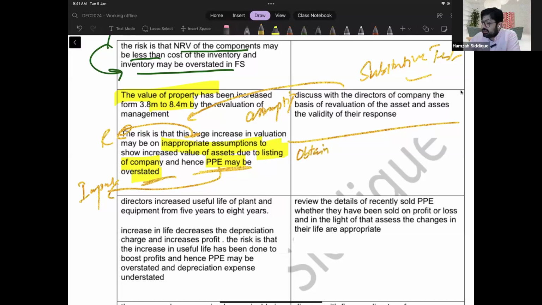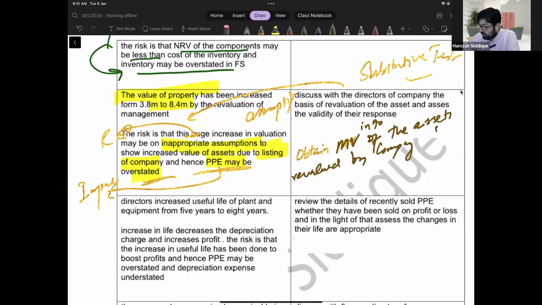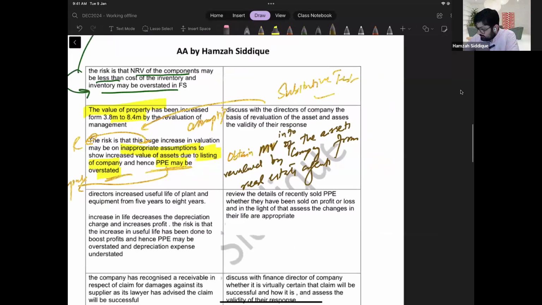Obtain the market value information of the assets revalued by the company from real estate agents to assess whether the revalued amount of the assets is correct.